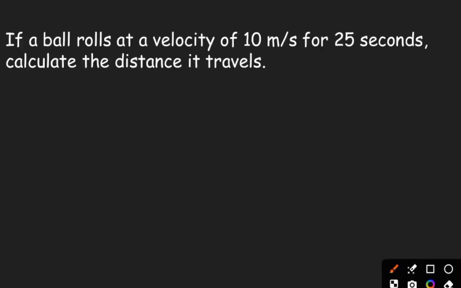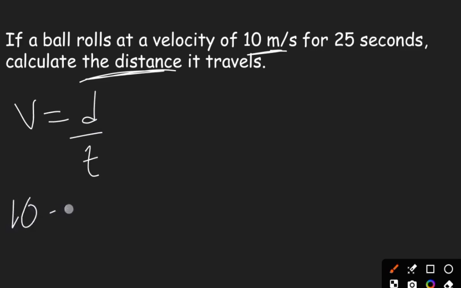The ball rolls at a velocity of 10 meters per second for 25 seconds. Calculate the distance it travels. So you've been given the velocity. Now I always say write the information out. So you don't always think that you're always finding velocity, because this question is asking you to calculate the distance. You know that velocity is distance or displacement over time. So your velocity is 10.